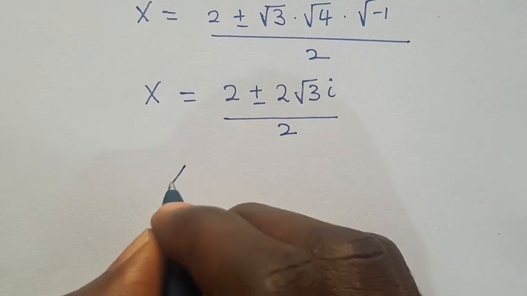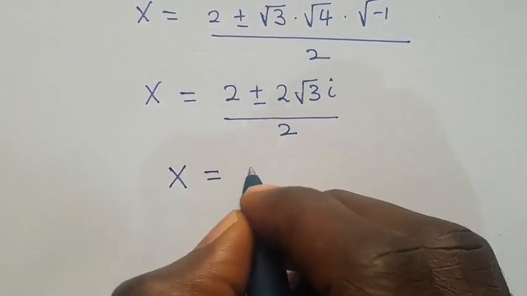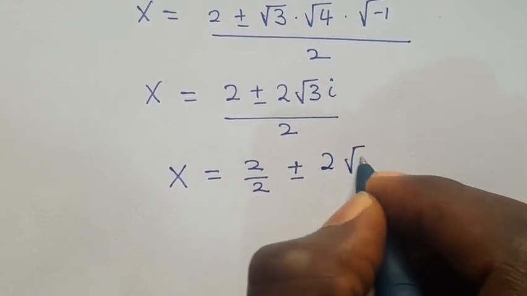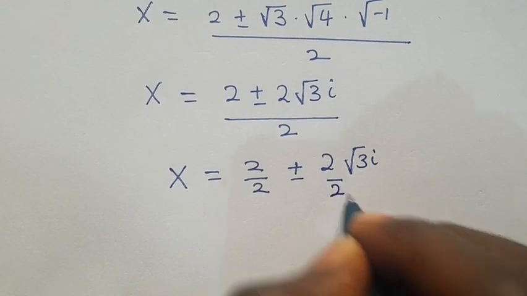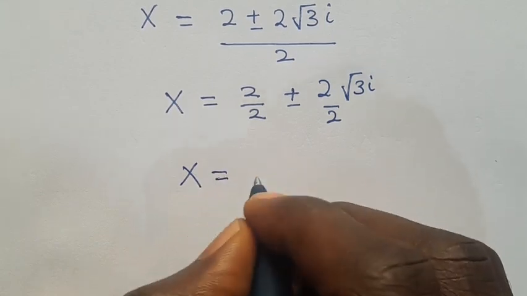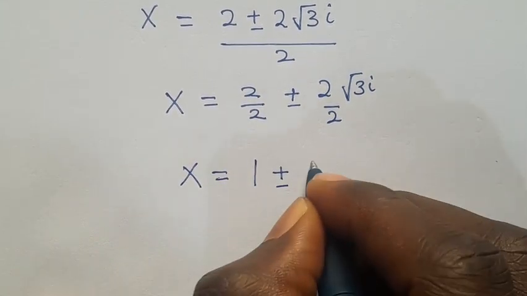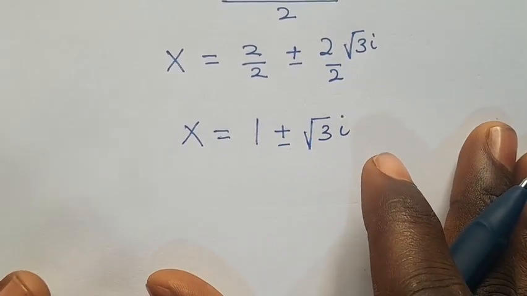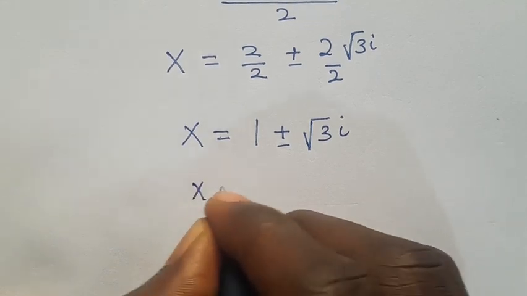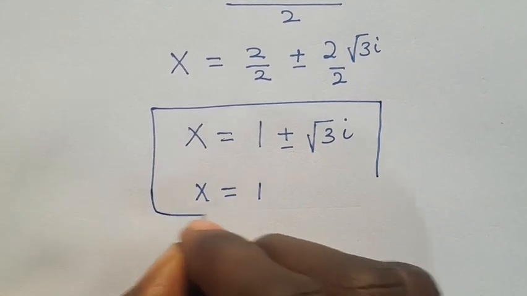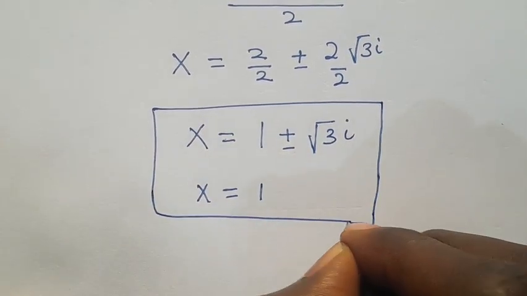So we have x equals this divided by this, positive or negative 2 root 3i divided by 2. So we have x equals 1, positive or negative root 3i. And we also have x equals 1 to be the first solution.